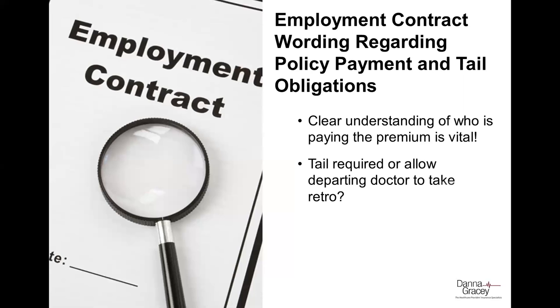That can be very cumbersome, to say the least. And you all have enough to do instead of trying to chase doctors down for evidences of insurance years after they've left your practice. Again, a tail is a clean break with no issues.